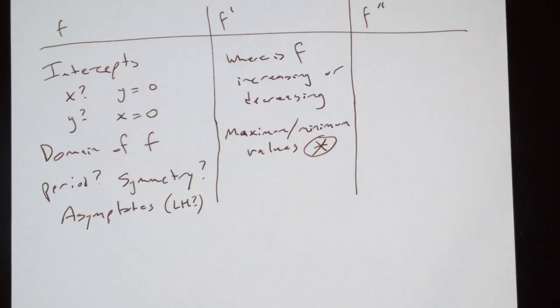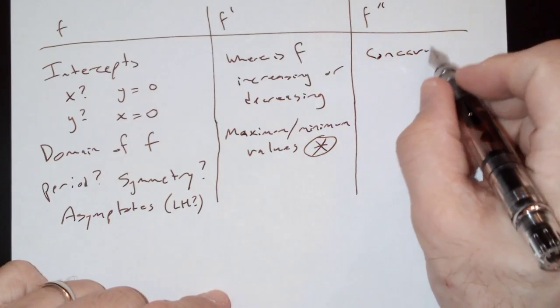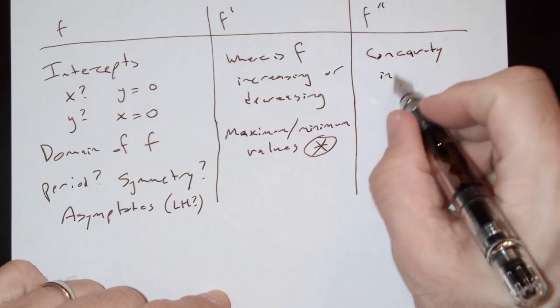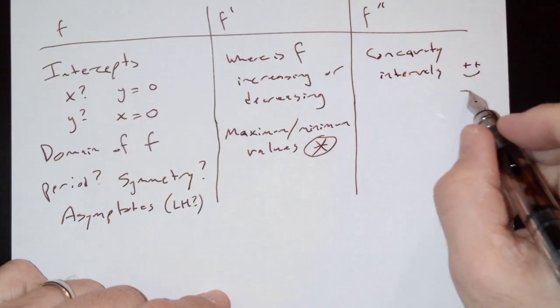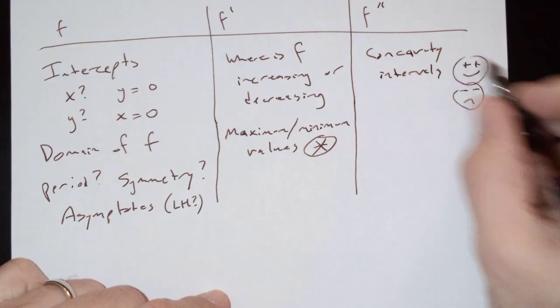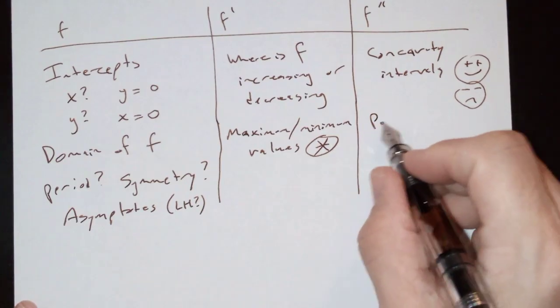Now, we talked about the concave side rather than the convex side. And I have my little mnemonics here to help me remember what's what. And where we change convexity, those are our points of inflection.